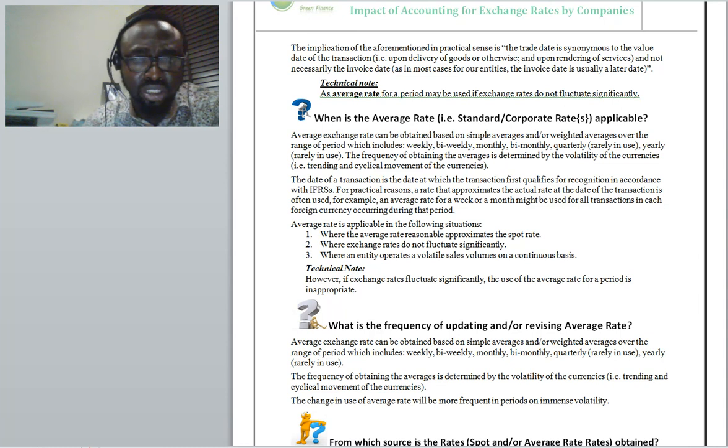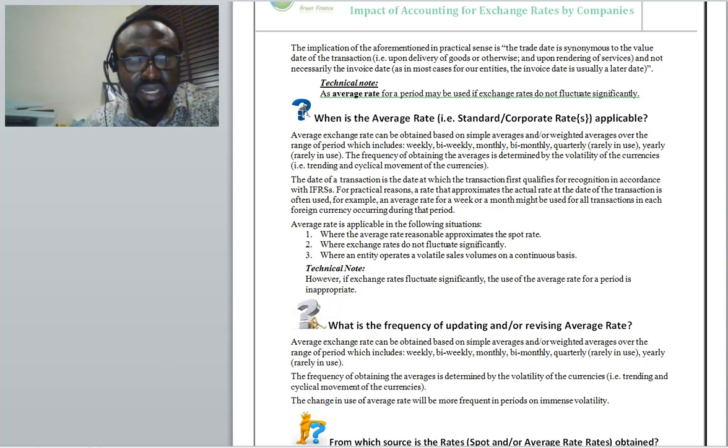But much more likely, we could consider weekly and monthly, and to the extreme, probably quarterly. But in today's world, based on volatility, an annual or yearly average rate might not be appropriate, and it is rarely in use.